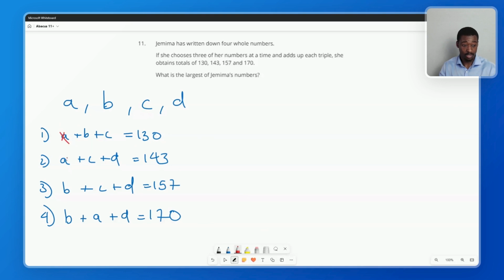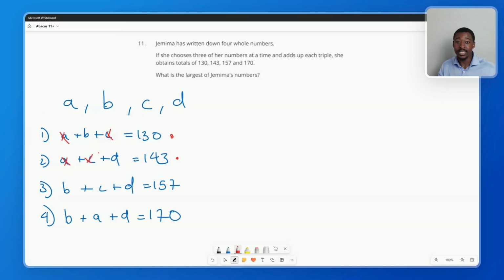They both have A and they both have C, which means by looking at these 2 equations, we can learn something about the relationship between B and D. In this case, we know that if 143 is 13 bigger than 130, that difference is because of how much bigger D is compared to B.